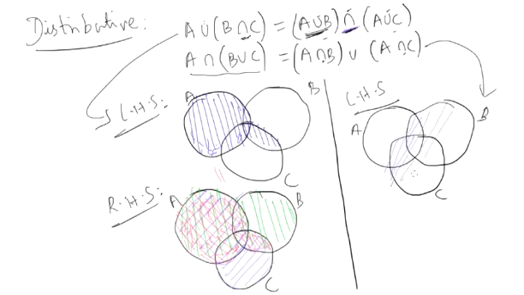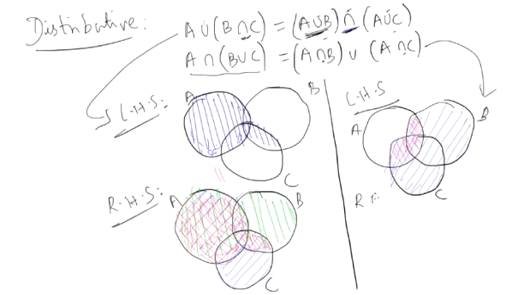B union C is all of this. Okay. Then A intersection B union C. That is the place where set A intersects with this B union C, only this. Right? It's only this where you have this pink and blue. Fine. So this is the only place. This is the LHS.